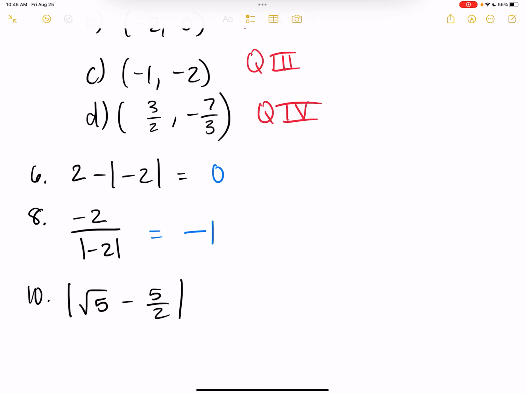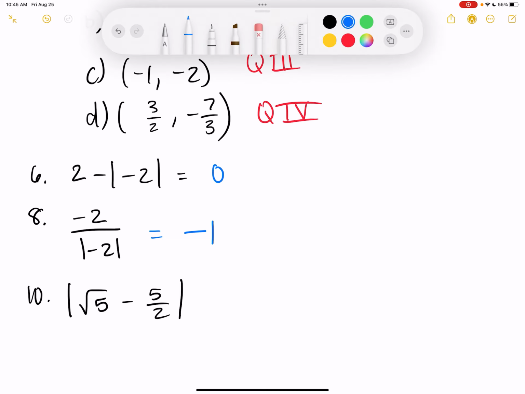Like, rewrite it so that it doesn't have absolute value bars. But that it means what absolute value means. So pretty much just solve it. Can we square the whole thing? No. I was just looking at that square root of 5 and it didn't look very happy.